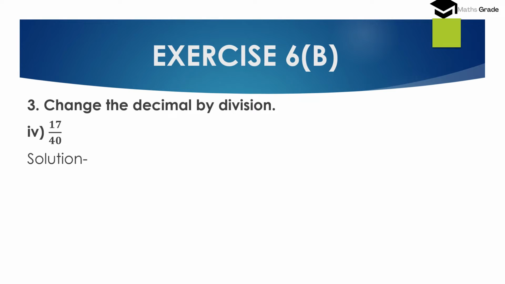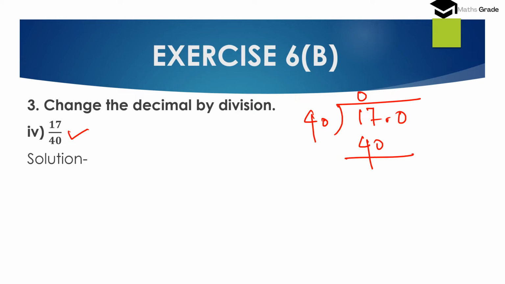Now fourth bit, 17 divided by 40, 17.0 divided by 40. Now in the table of 40, 40 multiplied with 0 is 0. Now 17 minus 0 is 17. Put this 0.